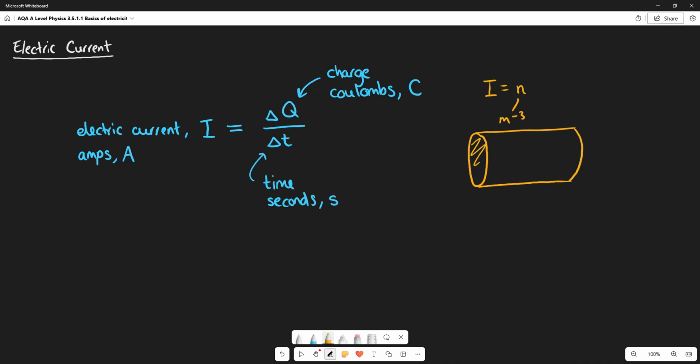We also need to know the cross-sectional area of that conductor, measured in meters squared. Then we have the velocity that the charge carriers are moving, the average velocity called the drift velocity, and that is measured in meters per second. And finally, we need to know the amount of charge that is carried by each of those charge carriers, and that is measured in coulombs.